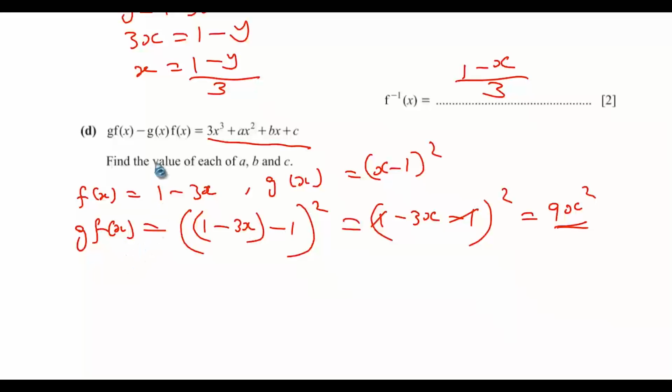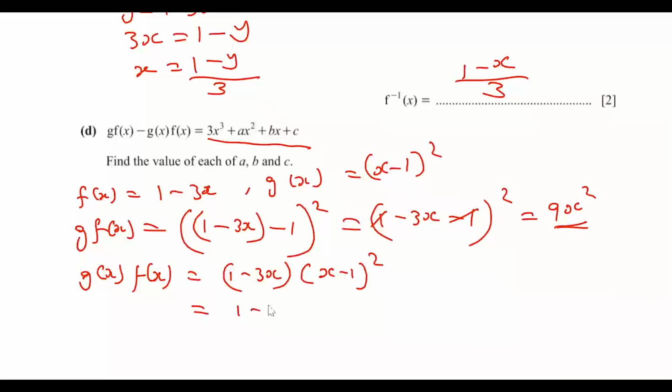Then we need to find the product of g of x and f of x. So g of x multiplied by f of x will be equal to 1 minus 3x, multiplied by x minus 1 squared. You need to do this. So this will be 1 minus 3x multiplied by x squared minus 2x plus 1.